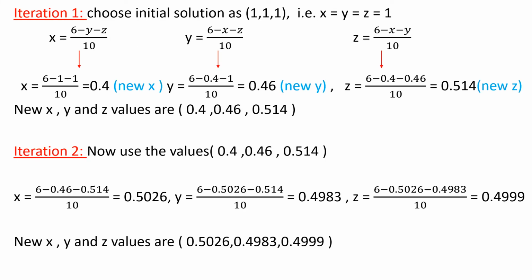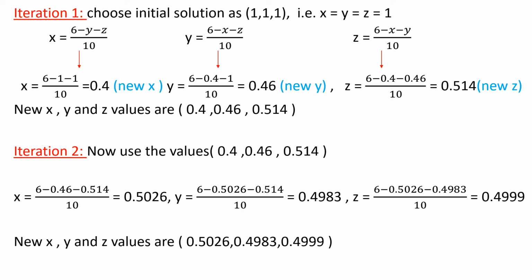Now in this problem, iteration 1, choose the initial solution as 1, 1, 1. That is x is equal to 1, y is equal to 1, z is equal to 1. Substitute for y and z, you will get x is equal to (6 minus 1 minus 1) by 10, that is 0.4. That is our new value of x. Find y: (6 minus new value of x, 0.4, minus 1) by 10. That simplifies to 0.46.